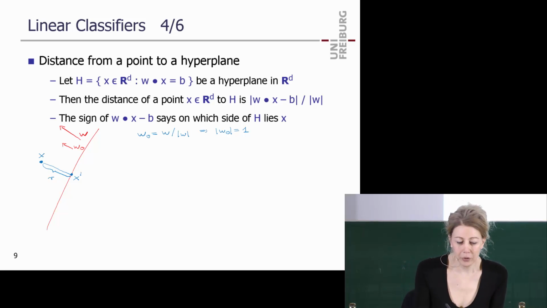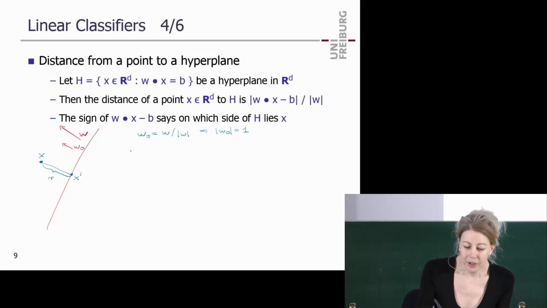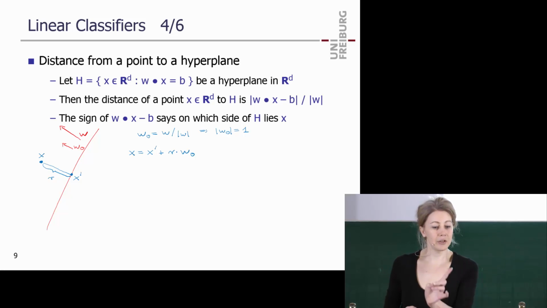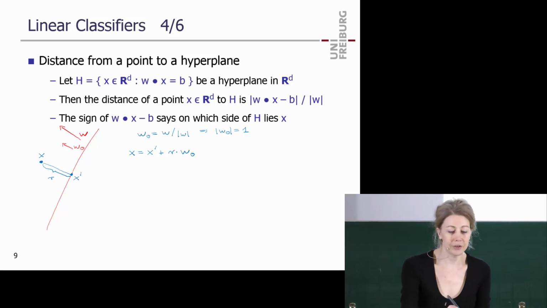Is this readable? So, well, I have to write and somehow relate these things with the variables I have here. So I can write x as, well, it's this x prime, which is on the hyperplane, on the straight line in this case, plus r times the normal vector, right? Which is just one unit in that direction, right? This is because this is orthogonal here, right? So that's certainly true.